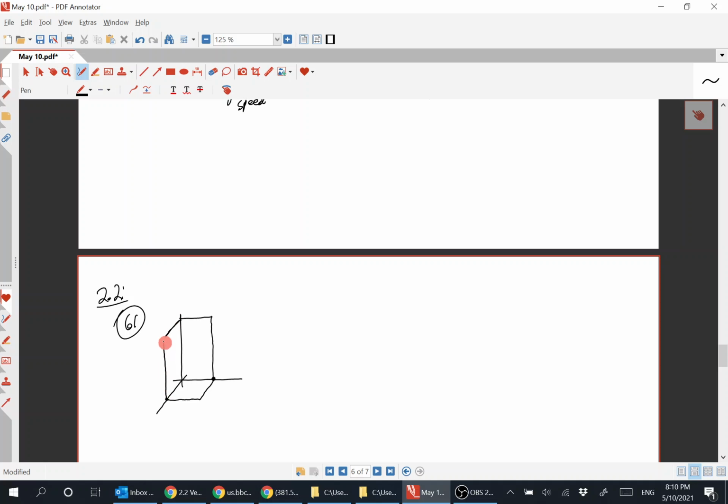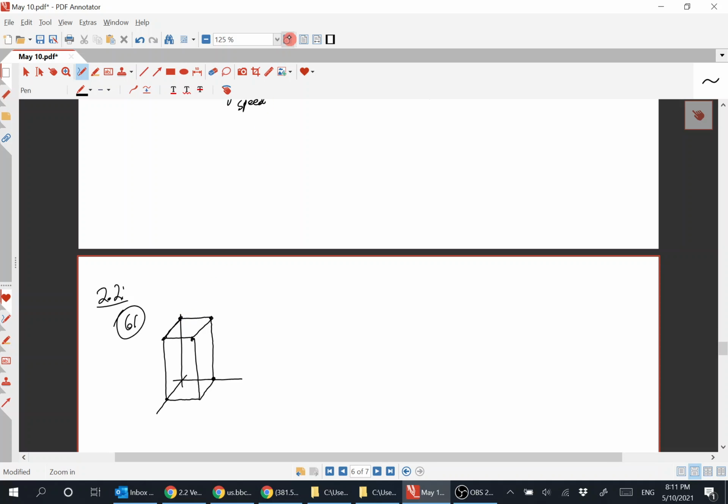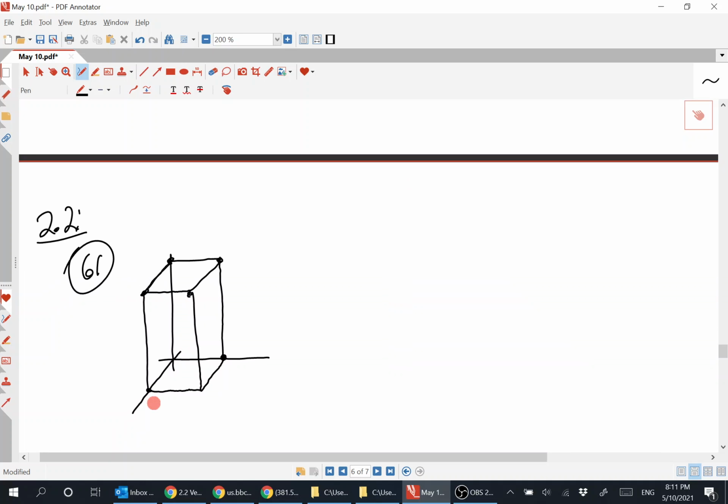And in the z direction, parallel to the z-axis. So you have this box where these lines are all parallel to one or the other coordinate axes. All right, and this is the x-axis, this is the y-axis, and the one going up is the z-axis.